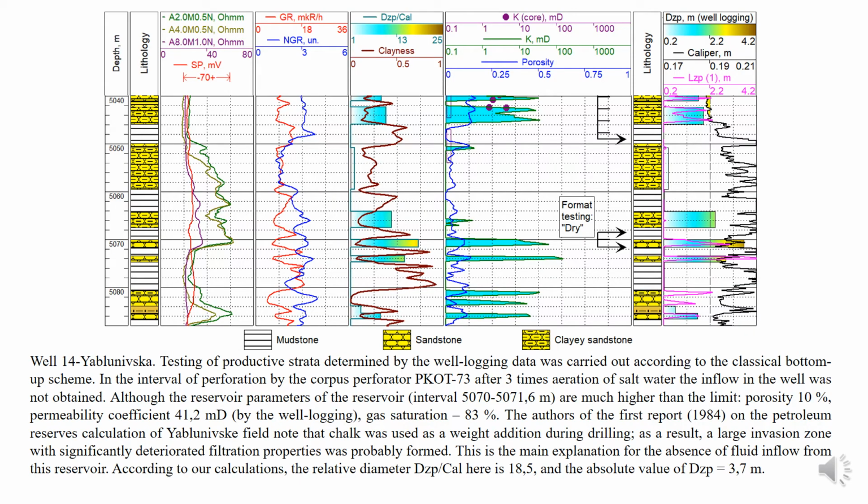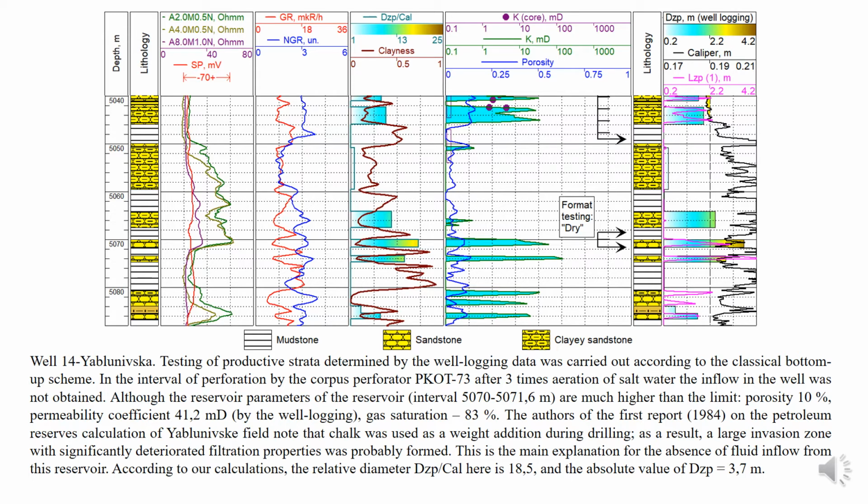In this slide, we see the example of well number 14 of the Yablunivske oil and gas condensate field. In the first interval of perforation, after three times aeration of salt water, the inflow in the well was not obtained. The authors of the first report of the petroleum reserves calculation of Yablunivske field note that chalk was used as a weight addition during drilling.